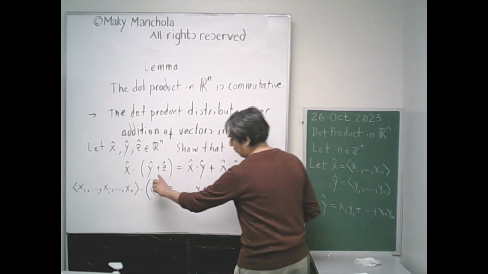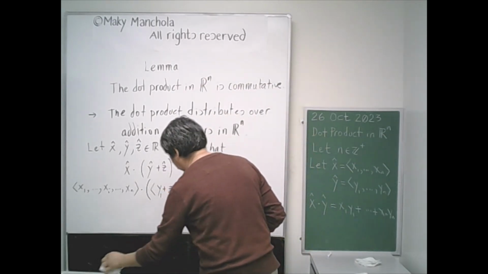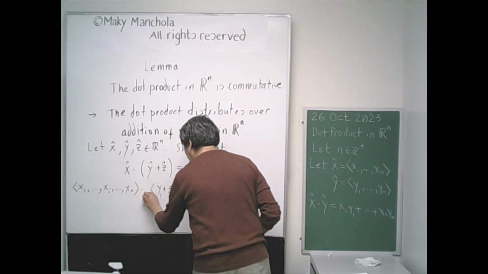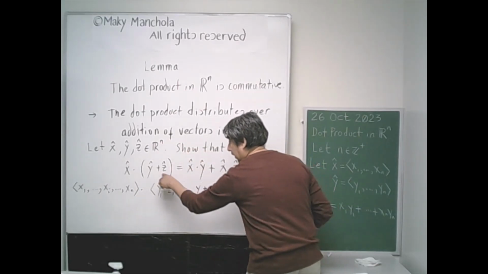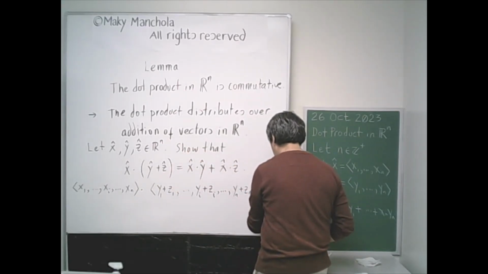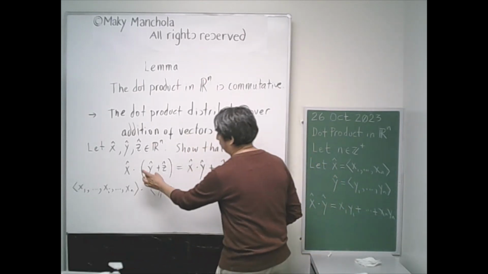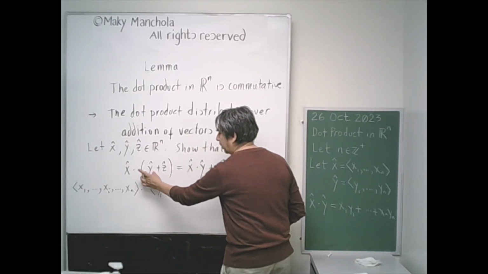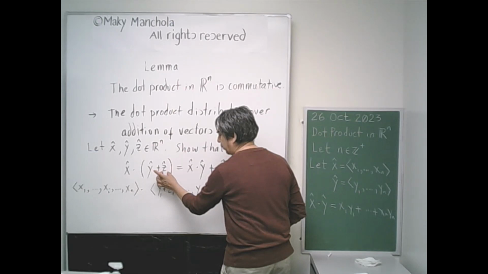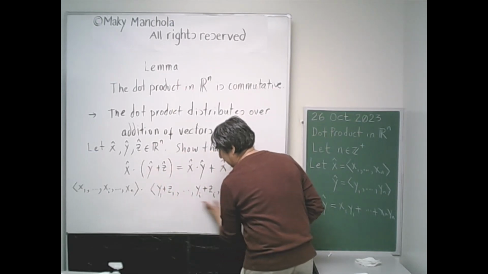Now let me remove the parentheses. It is actually not required because this is the result of that sum. I skipped a step here. I should have written y in entry notation, z in entry notation, and then my next step would have been this one.